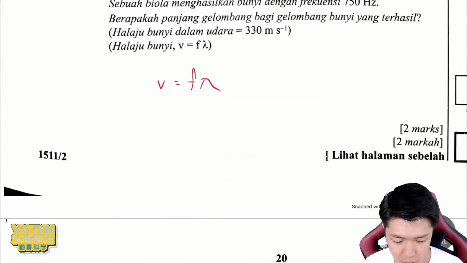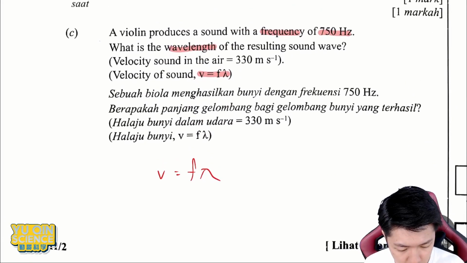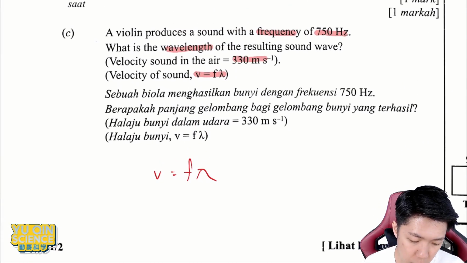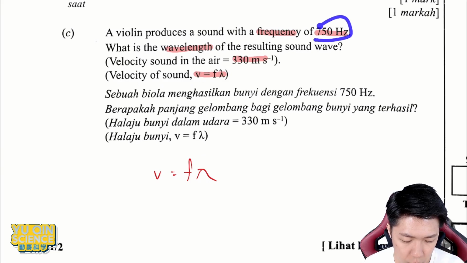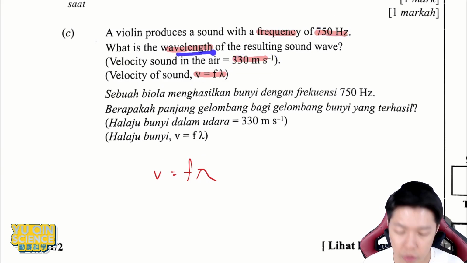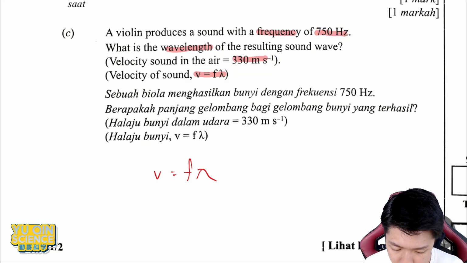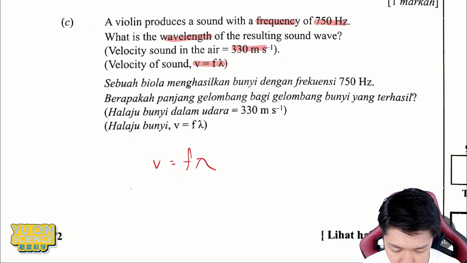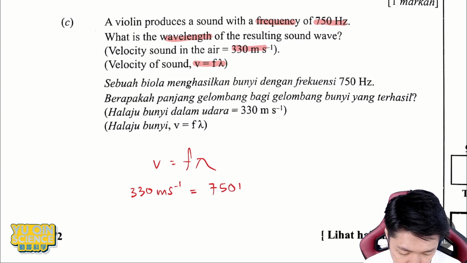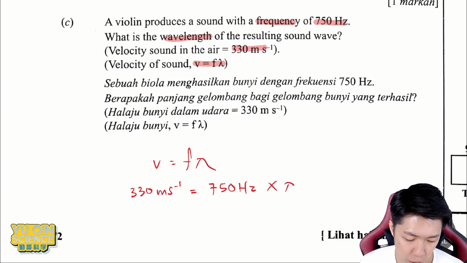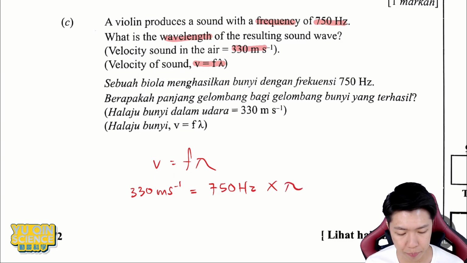Let's see. Now velocity given, frequency given. Oh, looking for wavelength, never mind. We fill out the numbers first. So velocity is 330 m/s equals frequency 750 hertz times, that's what you're looking for, lambda.